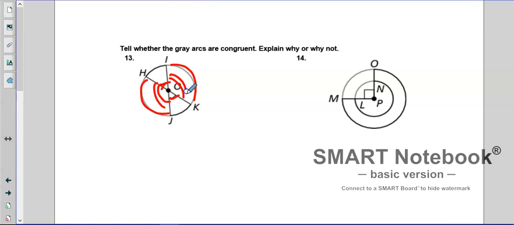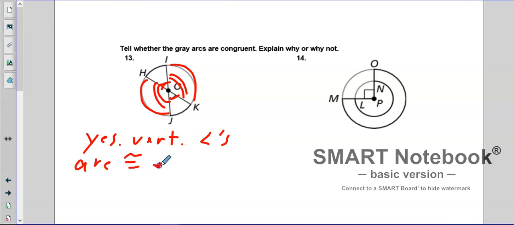We have vertical angles here also. So the answer is yes. Vertical angles are congruent. And they are in the same circle.